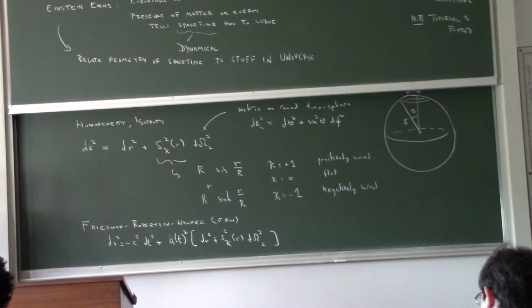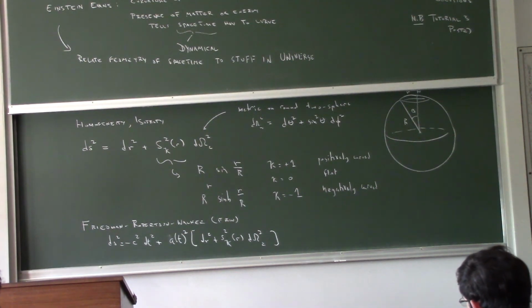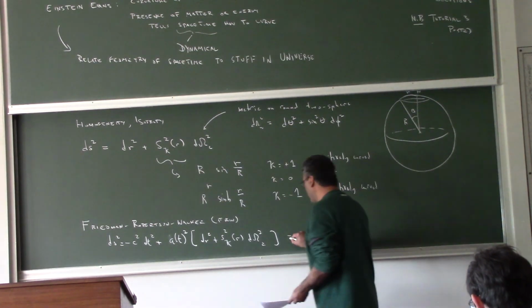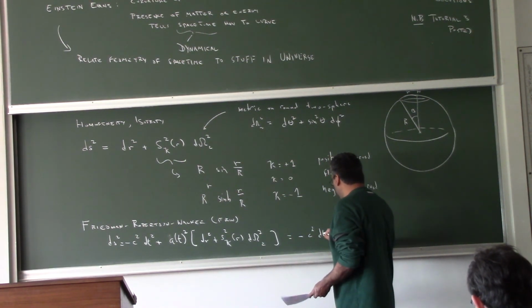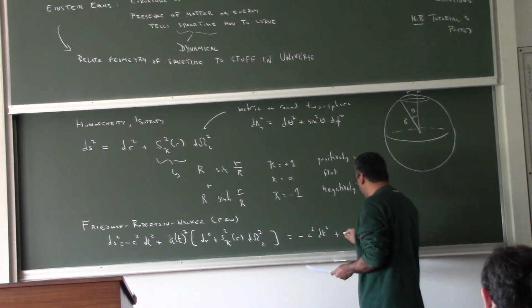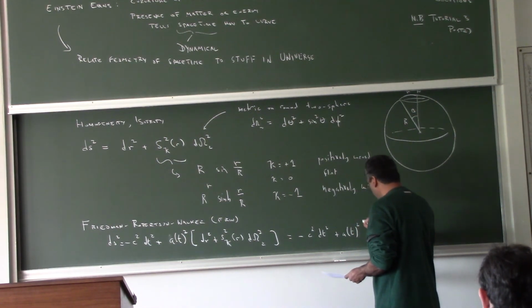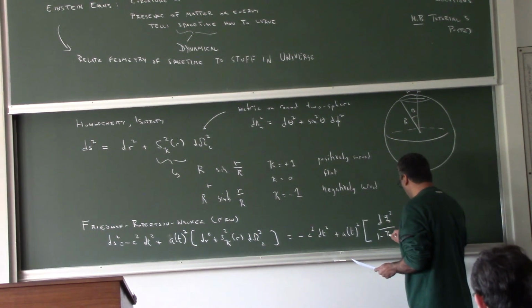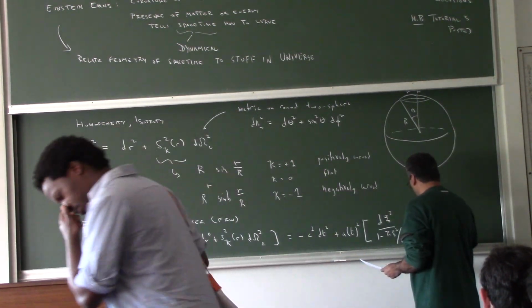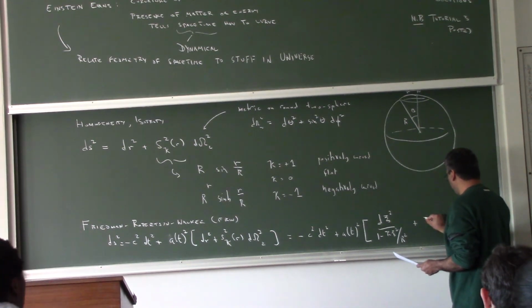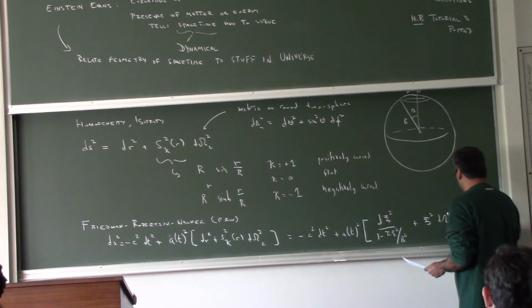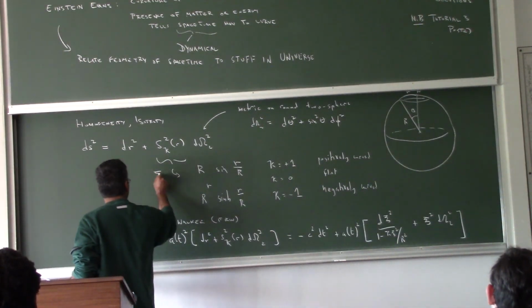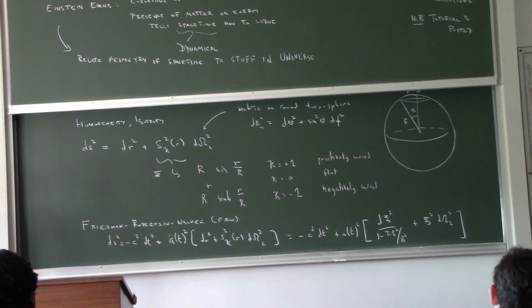Okay? We can write this metric in various different coordinate systems. So we can write this metric, for example, as minus c squared dt squared plus a of t squared times dc squared over 1 minus kappa c squared over R squared, plus c squared d omega 2 squared, where we defined s kappa as c.